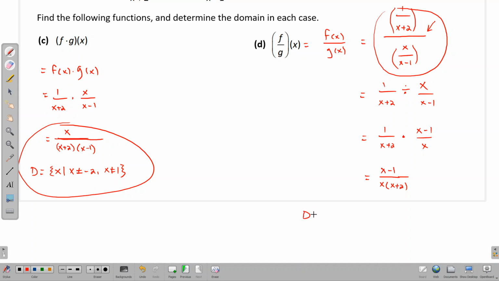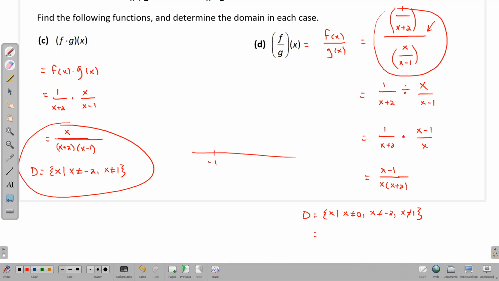Okay, so the domain is, make sure we get them all: the set of all x such that x cannot be 0. x can't be -2. But then we can't forget this one, the one that made g of x undefined, which is x equal to 1. That made this undefined, so you can't plug that in. So that has to be thrown out as well: 0, -2, and 1. If we were going to write this as an interval, think of it as a number line.